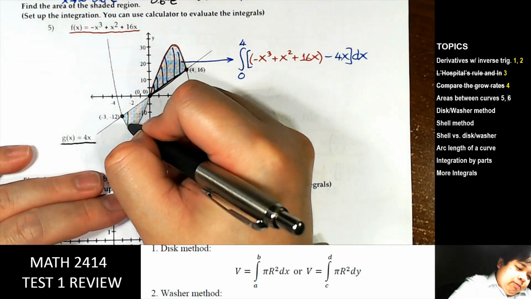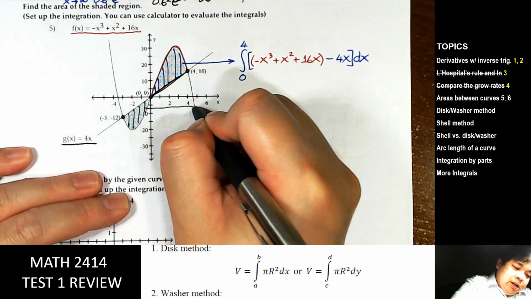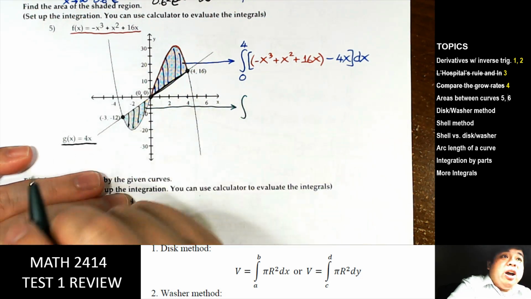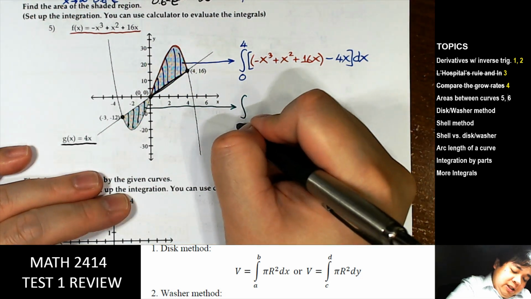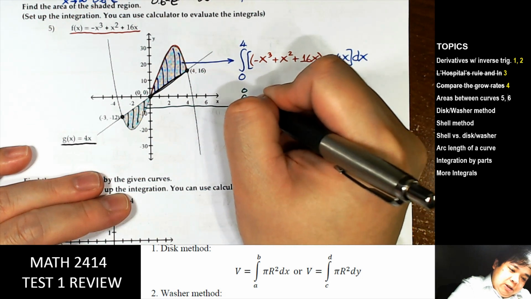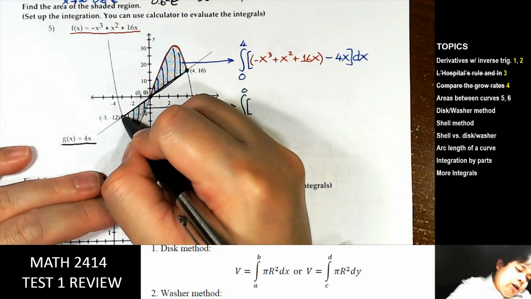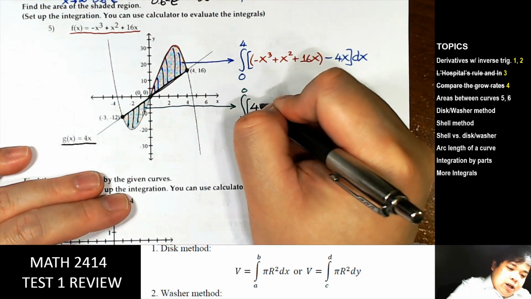And then let's just find this area here. That will be another integral, which goes from negative 3 to 0. But this time, the line is above the curve.